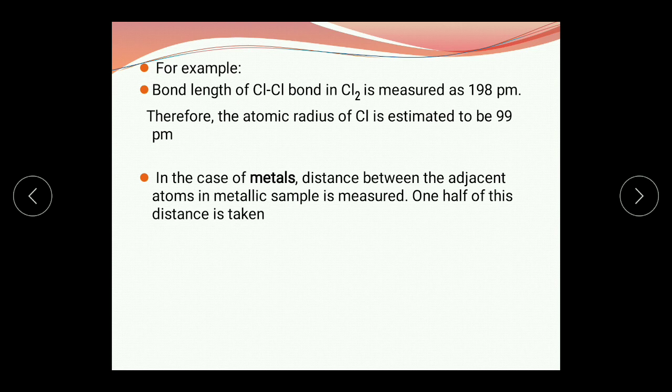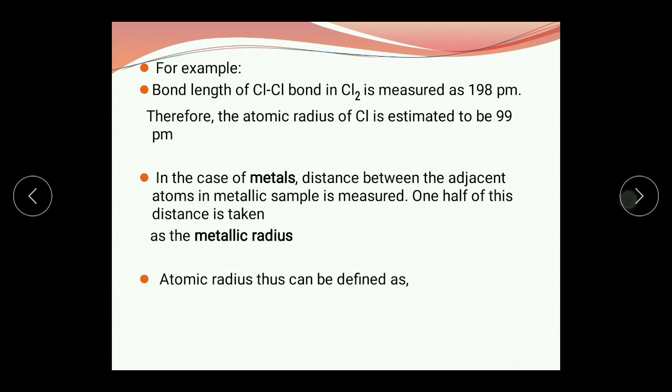Metallic bond is a different concept, and you are going to learn that later, in a different lesson. But now just consider that the metallic atoms are near each other, and one half of the distance between the adjacent atoms in a metallic sample is the atomic radius in the case of metals.